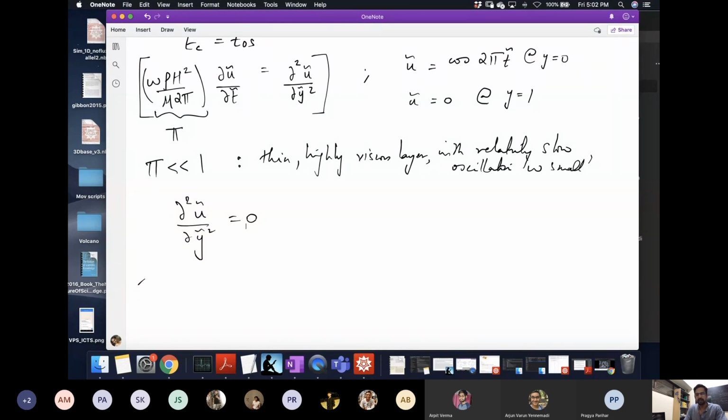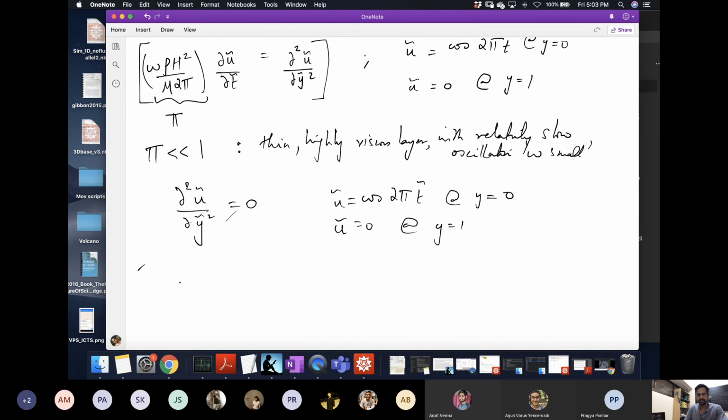If omega is sufficiently small so that pi is much less than 1, relative to the viscosity, height, etc., then we can write an approximate solution as second derivative of velocity equal to 0, where the boundary conditions are now cosine 2 pi t tilde and 0 at the other end. And you'll see that this has a trivial linear solution. So the solution to this problem is very simple. It's just 1 minus y tilde times cosine 2 pi t tilde.